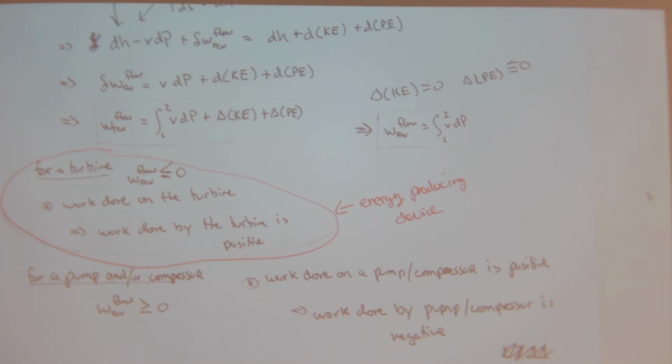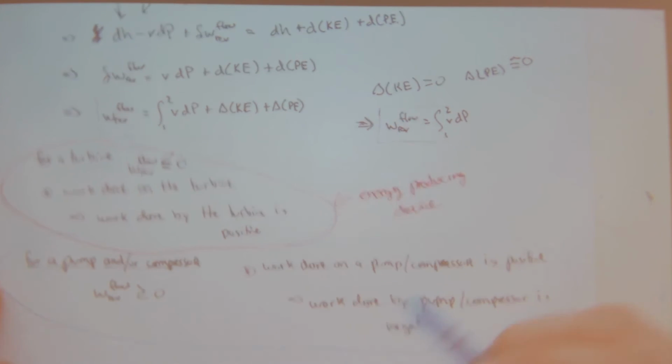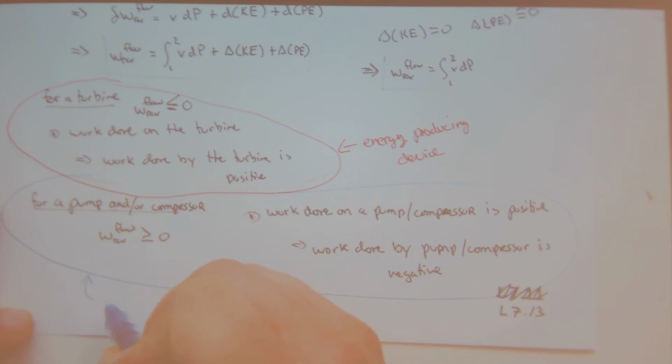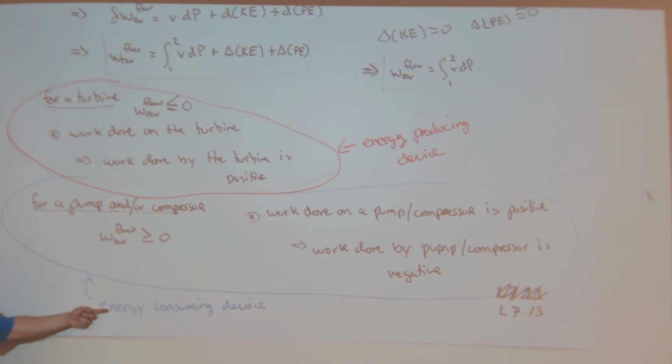And in this case, I'll circle it blue. And I'll just put an arrow. So energy consuming device, you increase the reversible work, flow work, right?